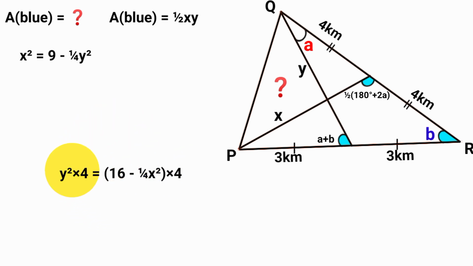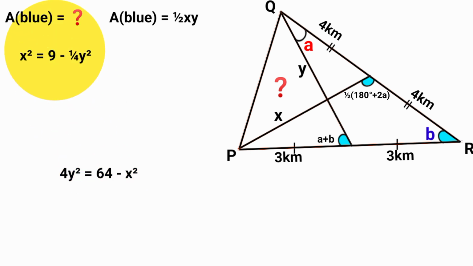Here y squared times 4 is 4y squared. While here 16 minus 1 over 4x squared all multiplied by 4 is 16 times 4 minus 1 over 4x squared times 4. 16 times 4 is 64. And minus 1 over 4x squared times 4 is minus x squared. So 4y squared equal to 64 minus x squared.